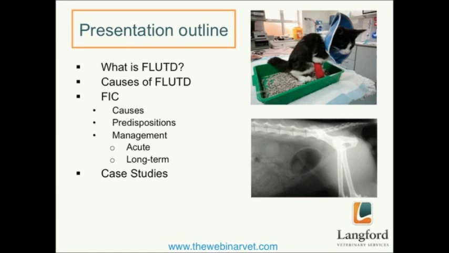I'm going to look at what we understand about the pathophysiology of idiopathic cystitis, think about what cats are predisposed, and really concentrate on the management of these cases: how we manage them in the acute phase when they're in the hospital, and then what we can do in the long term to try to improve the outcome, reduce the severity of recurrence and reduce the chance that they will have a recurrent urethral obstruction. We'll work through a couple of case studies to show you practically how we can manage the patients.